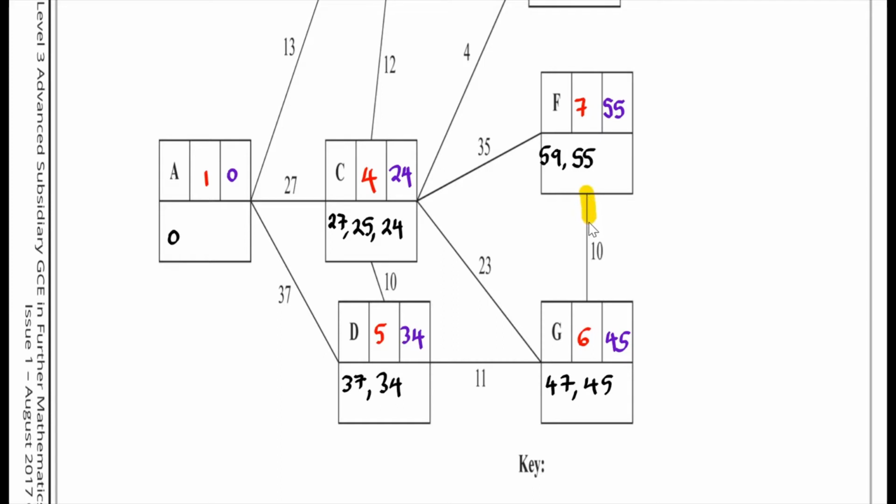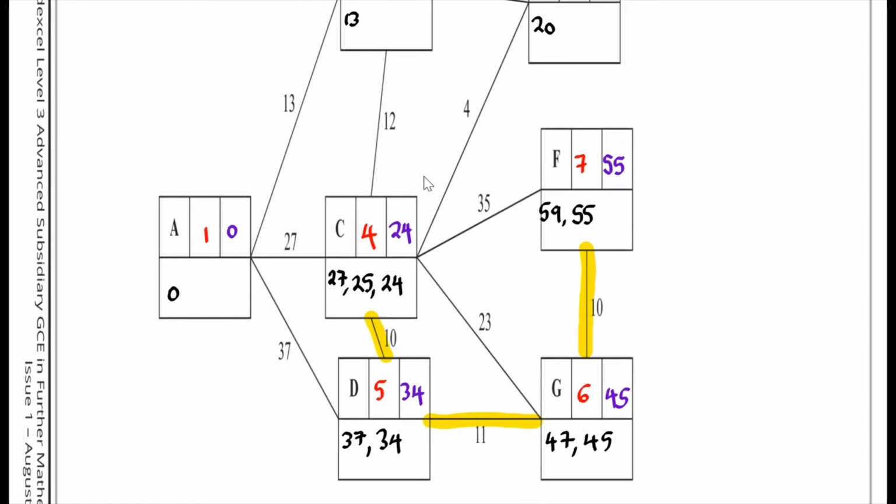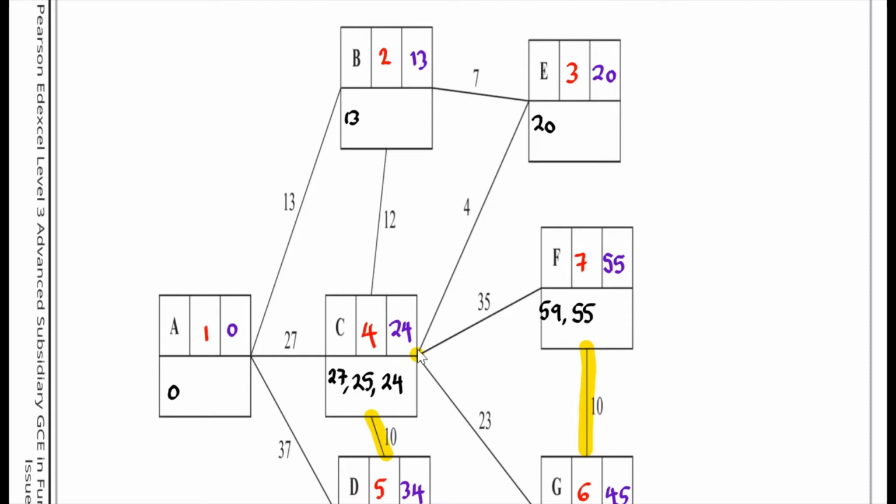55 take away 10, that's 45. 45 take away 11, that's 34. 34 take away 10, that's 24. 24 take away 4, that's 20. 20 take away 7, that's 13. 13 take away 13, that's 0.